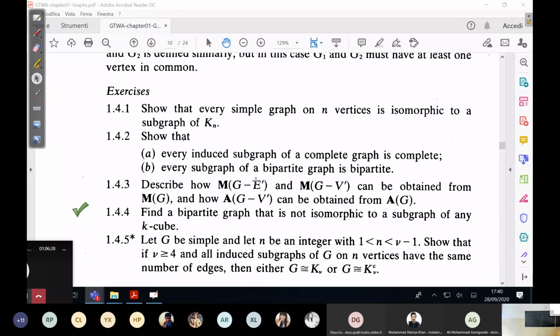What I want you to do, this is a difficult one: find a bipartite graph that is not isomorphic to a subgraph of any k-cube. Now, that's not easy. Why? Because k might be any number. It's not saying it's not isomorphic to a subgraph of the 3-cube or even of the 4-cube, but of any k-cube.